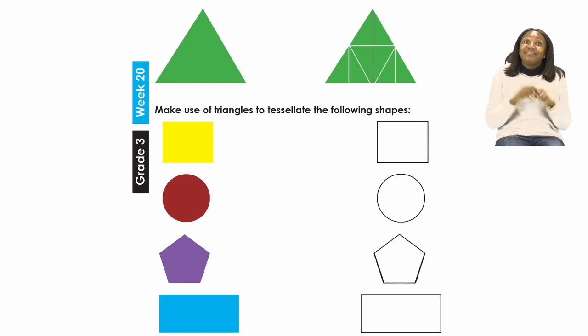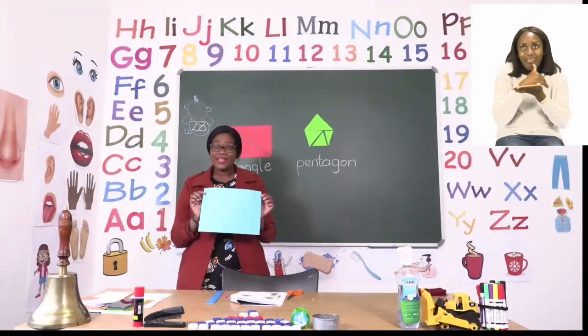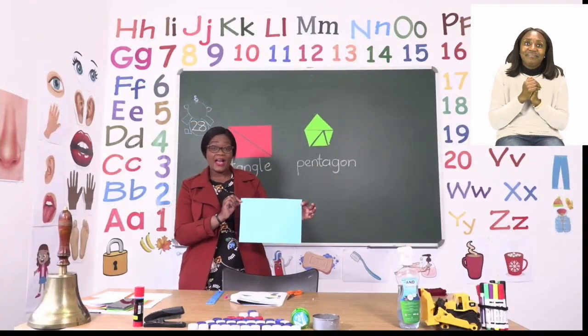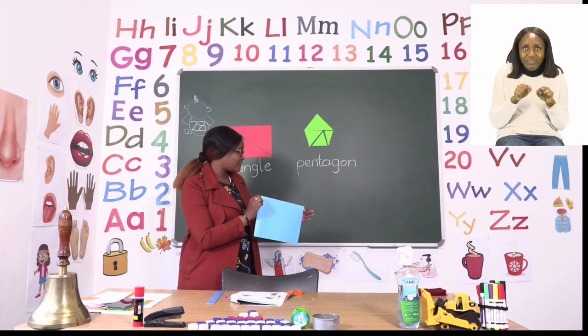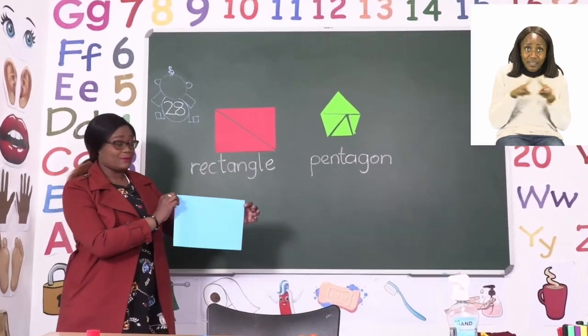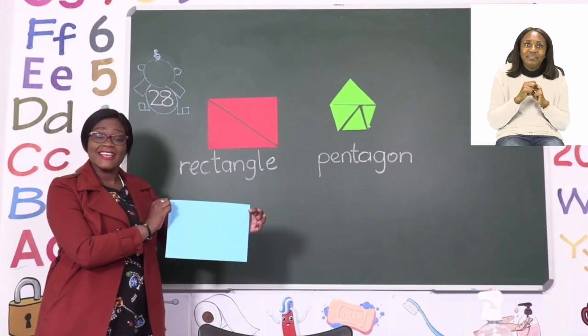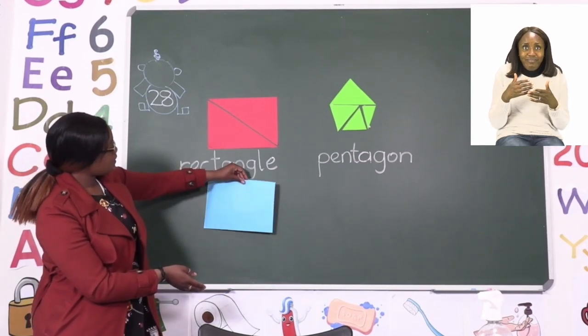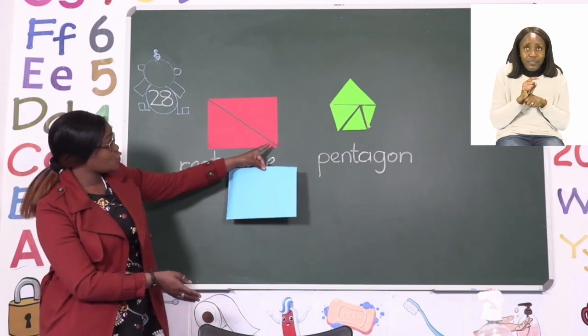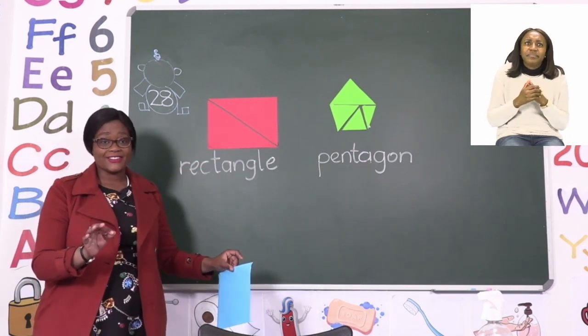Now we have two here in the classroom, so let's take a look at how we can make a tessellation. The first thing is that you have your shape. This shape is a rectangle, the same as the one on the board. In order for us to tessellate this one, we need to first divide the shape using triangles.